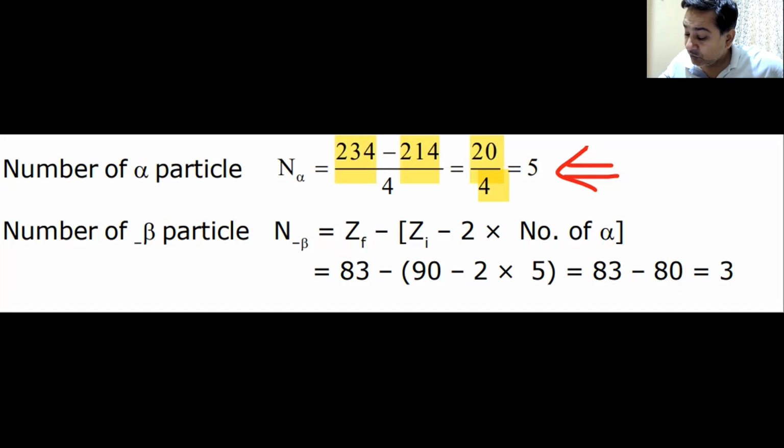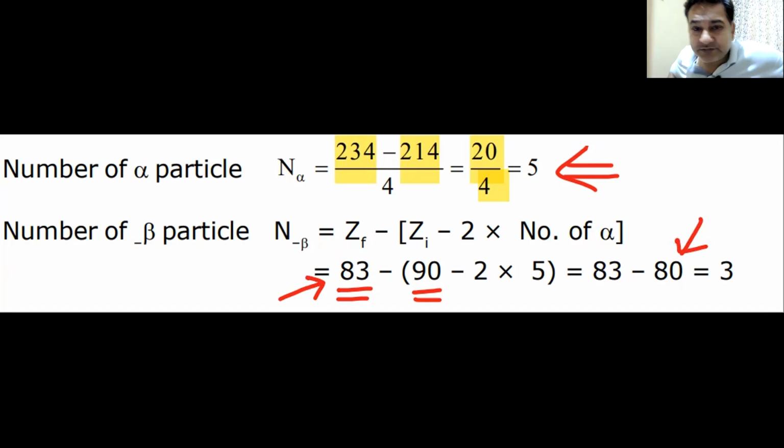So the original atomic number is 90. And it will decrease by 5 into 2, so it will decrease by 10. So the new atomic number becomes 80. The original was 90 and the new is coming as 80. But it cannot be 80. It is actually 83.